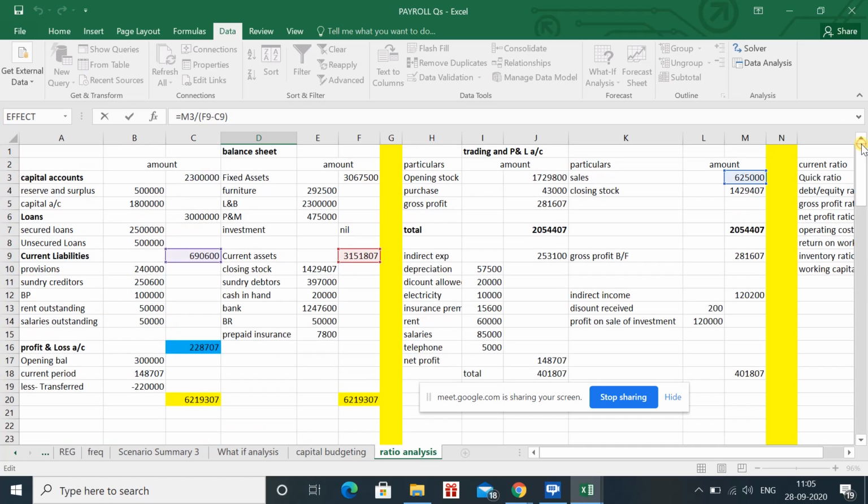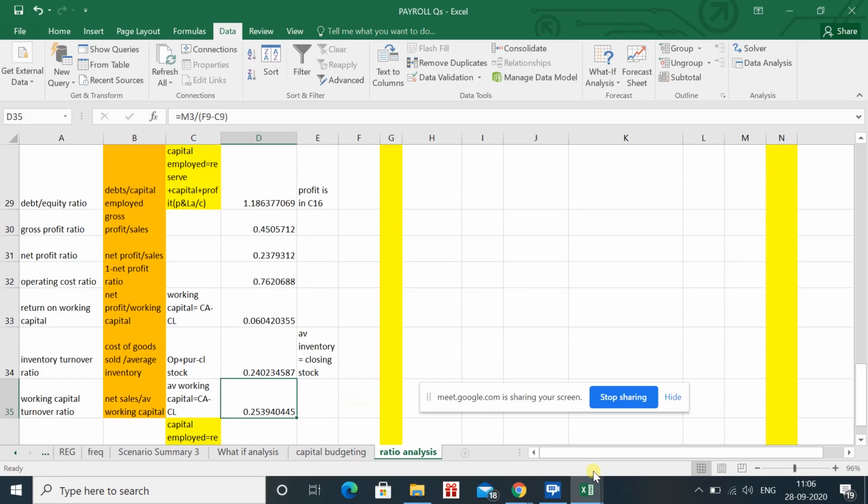For the formula, you can refer to the formula bar. Here you can see sales divided by current asset minus current liabilities. Sales, that is M3, F9 is current asset and current liabilities is C9.